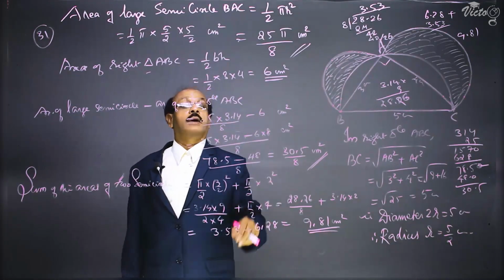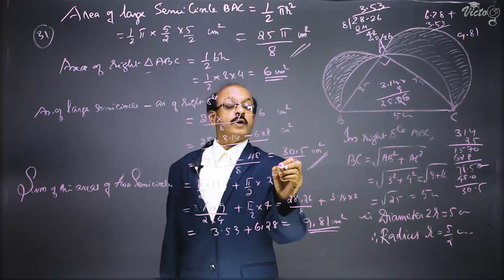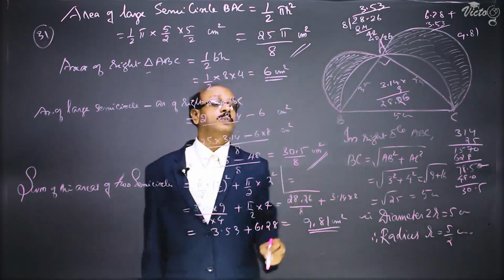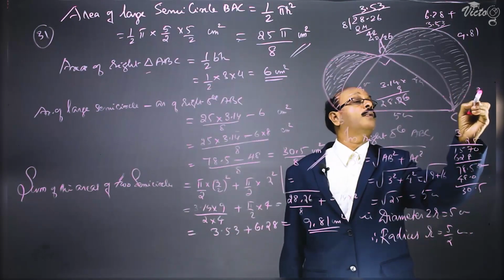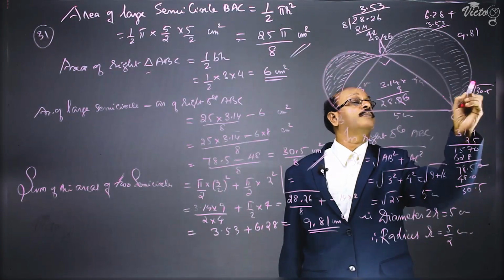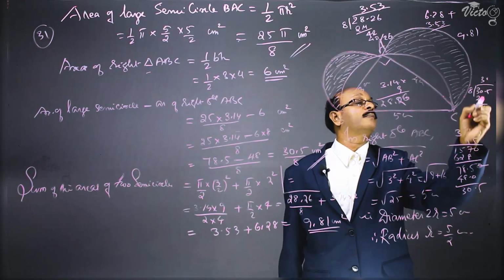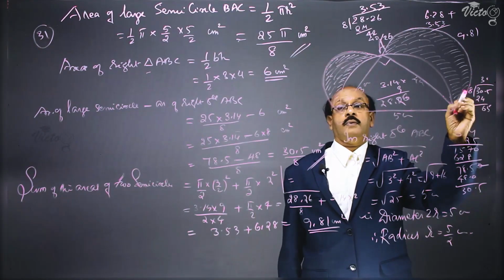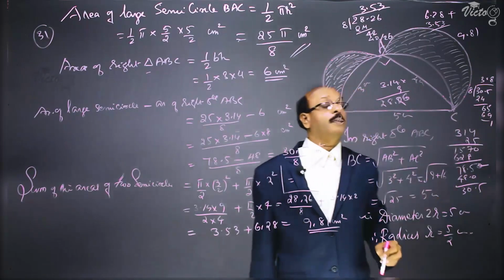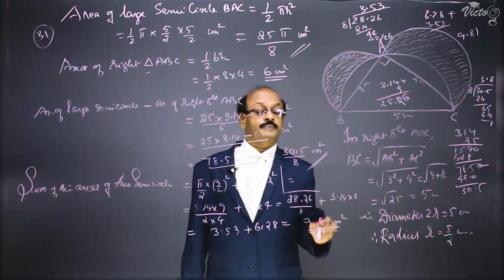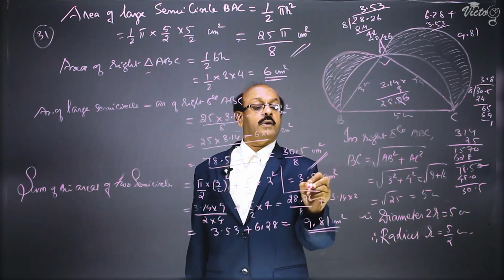From this area, we have to subtract this much of area, 30.5 by 8. 30.5 divided by 8 is equal to 3.8 centimeter square.